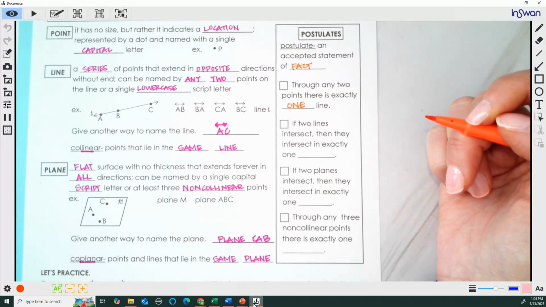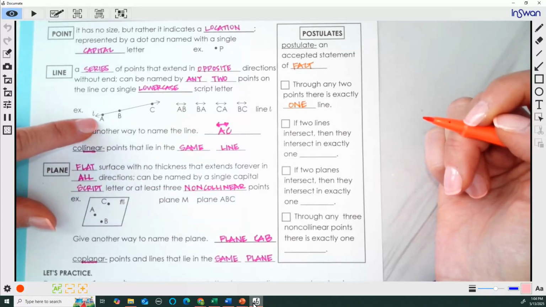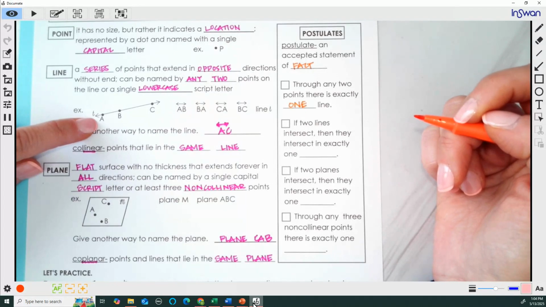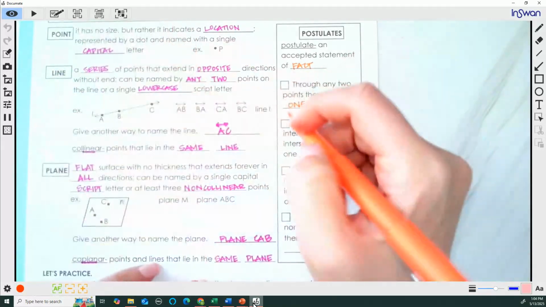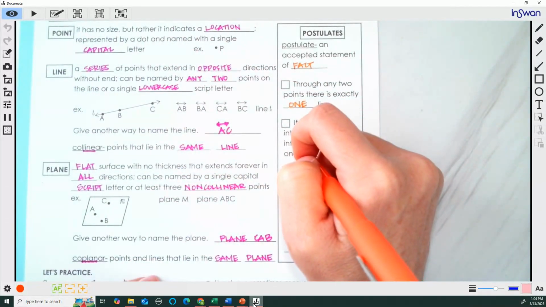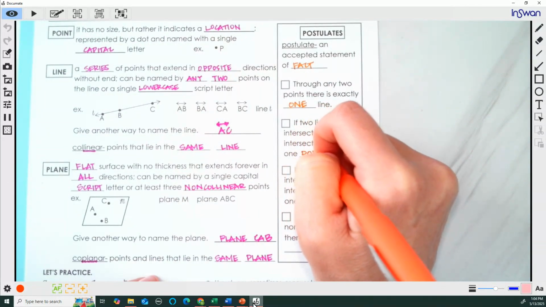If we have 2 lines that intersect, then they intersect in exactly 1 point. So where those 2 lines cross, it is exactly 1 point.